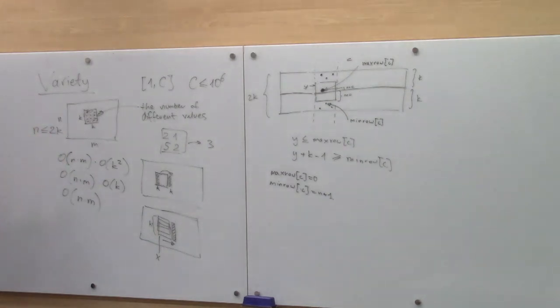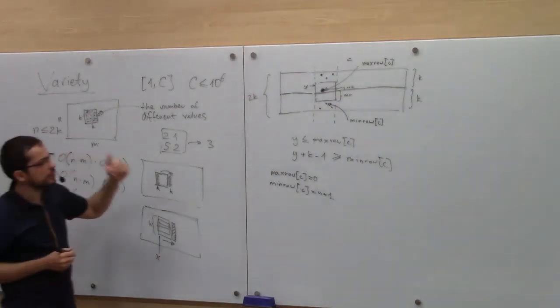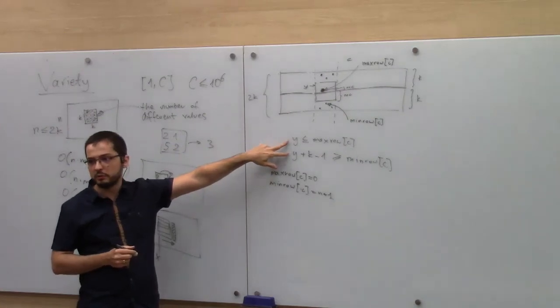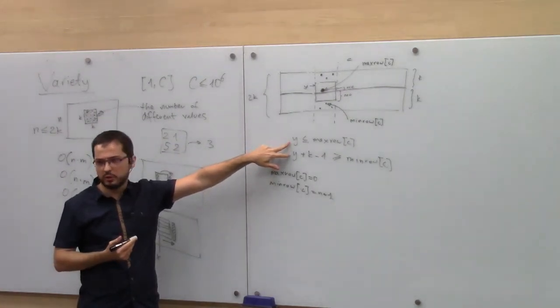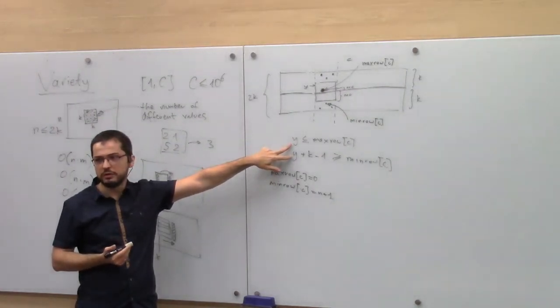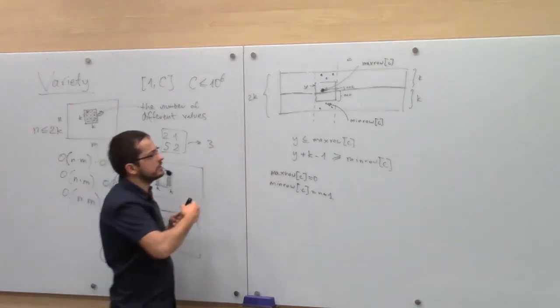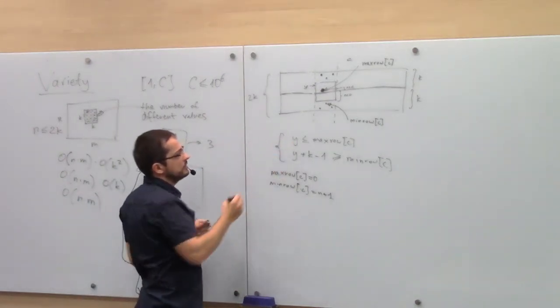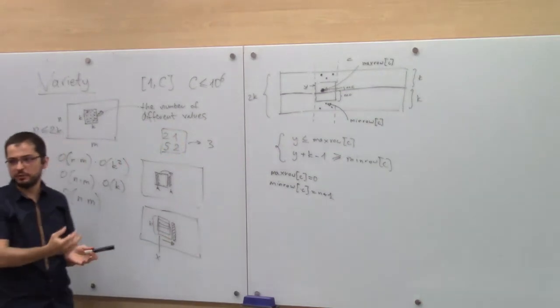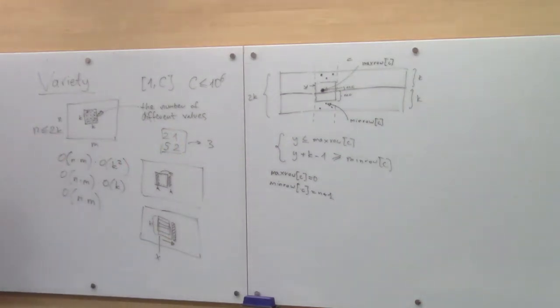Okay, but this means that these inequalities do not hold. We are interested in inequalities which hold when we have some element C in the square.